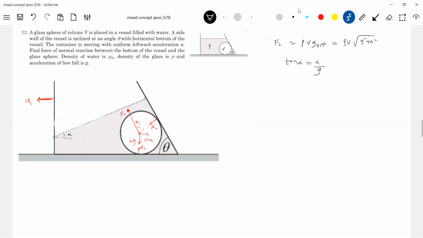So let's equate all the forces along X and along Y axis here. So this will be FL sine alpha. First along Y axis, I'll make it FL cos alpha plus N1 minus mg minus N2 cos theta. I'll write one more, N2 sine theta.